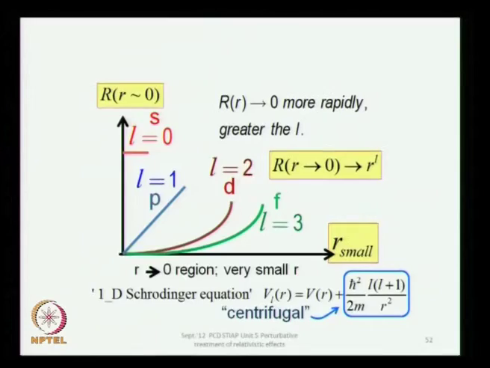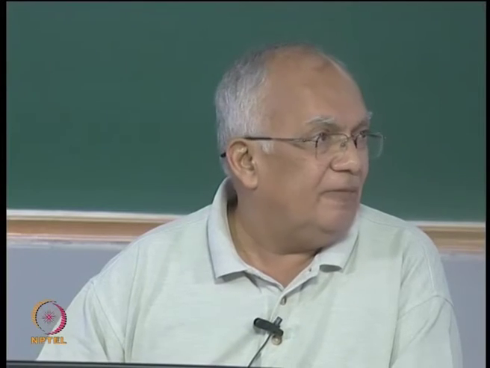So, in the present context, in the context of getting the estimate for the correction due to the Darwin term, it is important to recognize that the only wave function which will contribute anything significant is the S orbital, okay.